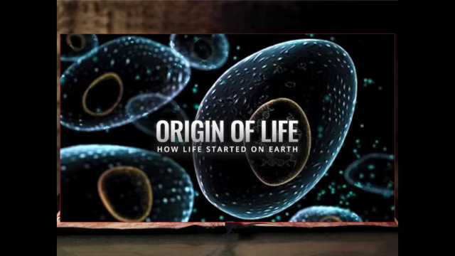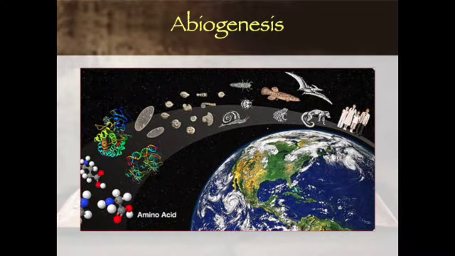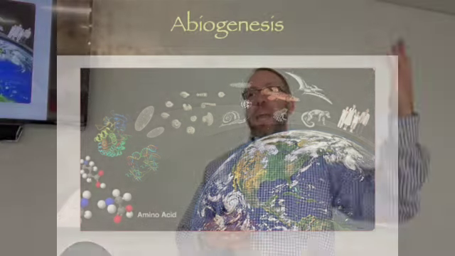So let's talk about the origins of life, okay? With the origins of life, you will oftentimes hear the term abiogenesis, right? Anytime you have an a before a word, it means lack of or not, right? Like atheist, someone who does not believe in a God.